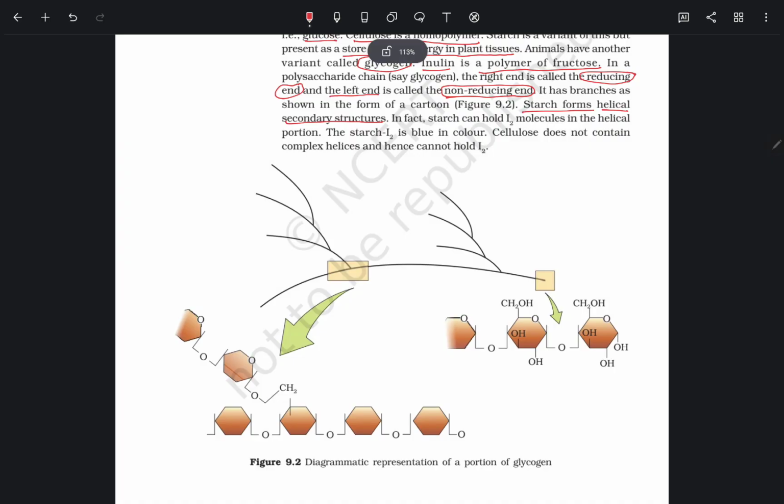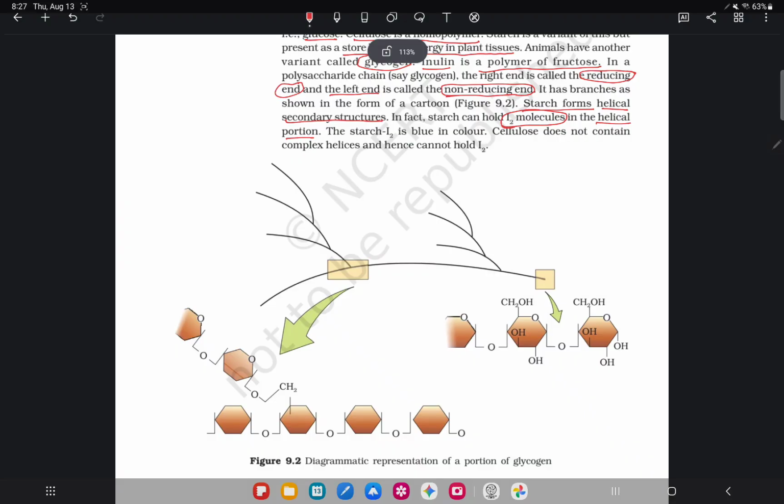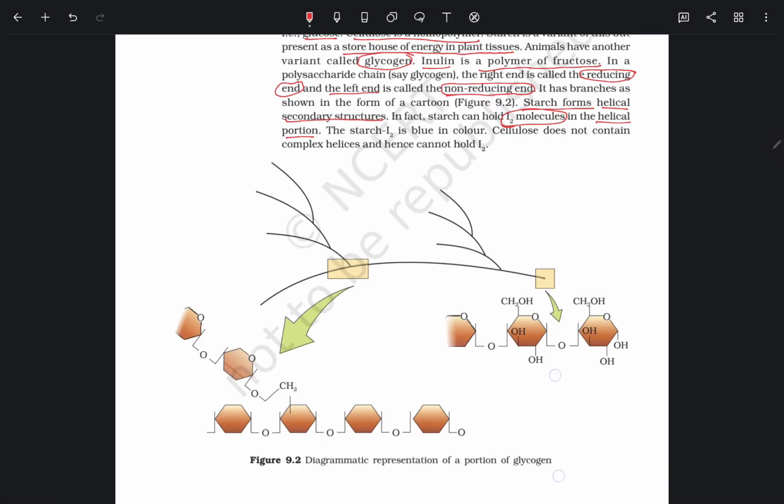In fact, starch can hold I2 molecules in the helical portion. The starch-I2 complex is blue in color. Cellulose does not contain complex helices and hence cannot hold I2.